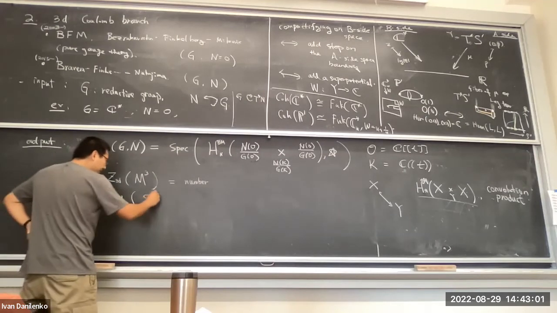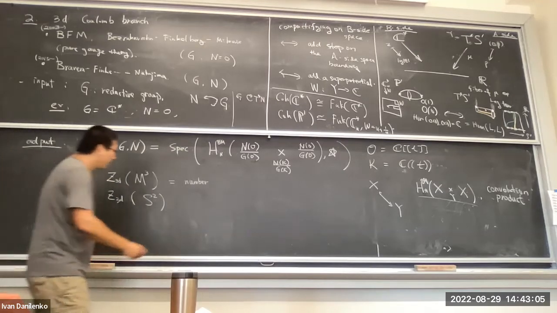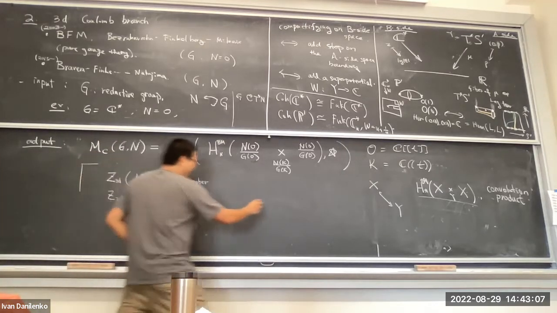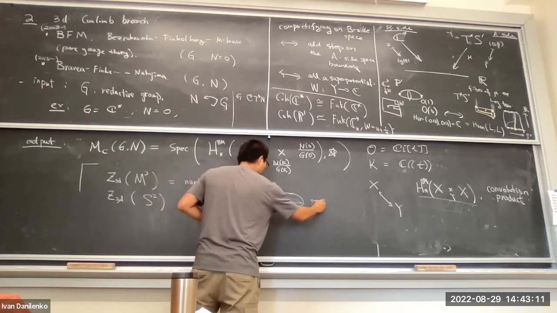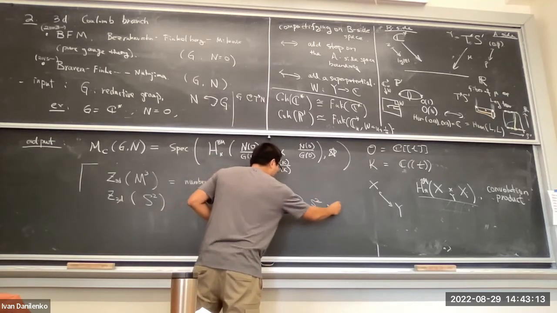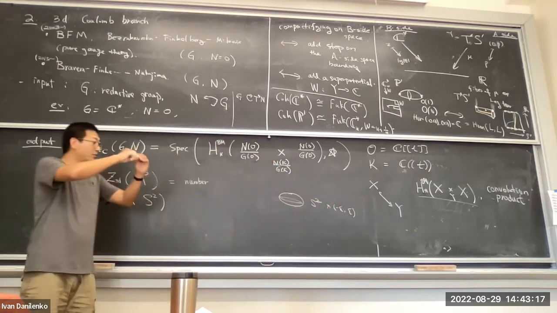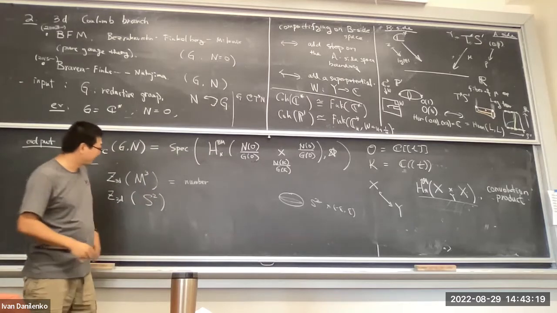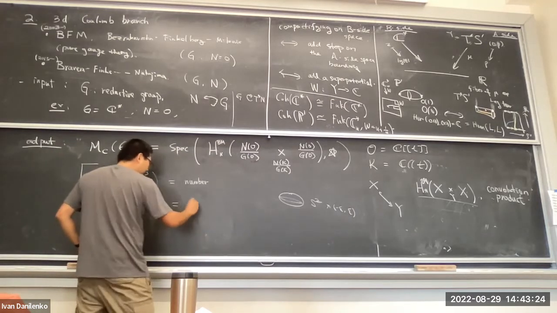But if I input the S2, a two-dimensional sphere, which can be thought of as S2 with certain framing, but as a three-manifold with certain thickness, then I should get an algebra. The vector space.